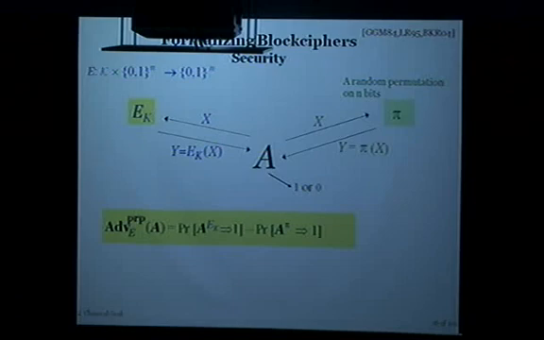We have yet to define the security of a block cipher, and here's how I would like to do it. Just like for our encryption example, we're going to assume that our adversary A is presented with one of two kinds of oracles, a blue oracle and a green oracle. My adversary A is going to be allowed to ask adaptively some sequence of queries, x1, x2, x3, to its oracle, and those queries will be answered, if it has a blue oracle, by enciphering each of them according to this algorithm.